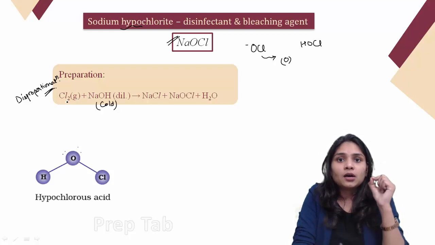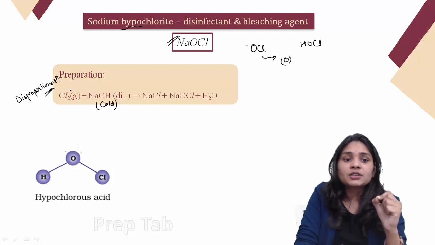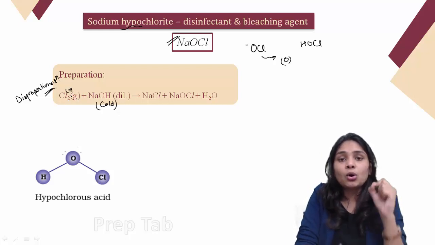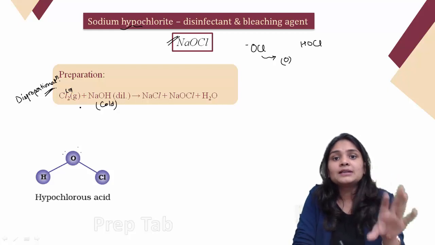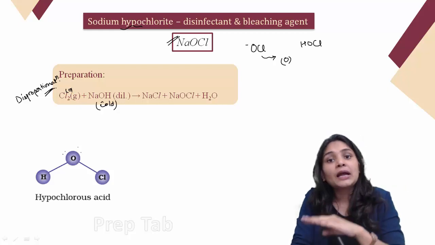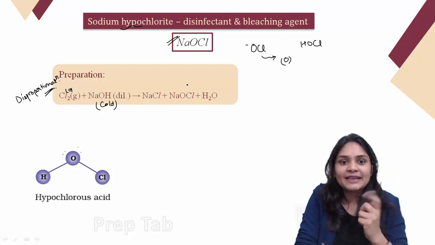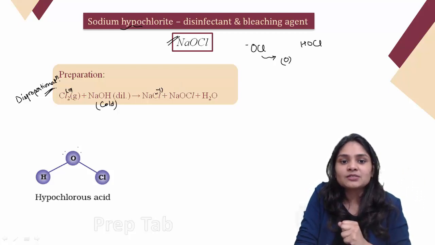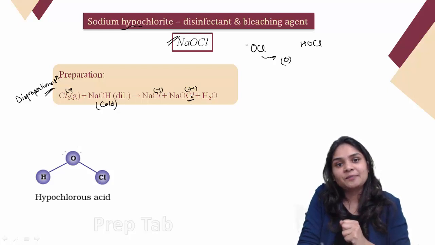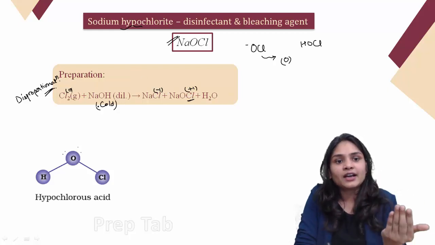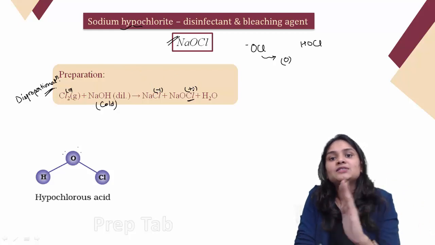This is a disproportionation reaction, meaning that in this reaction, chlorine, which is in zero oxidation state over here, is undergoing oxidation as well as reduction. Here chlorine has -1 oxidation state, while over here it has +1 oxidation state. So from Cl2 to Cl- is reduction and Cl2 to Cl+ is oxidation.